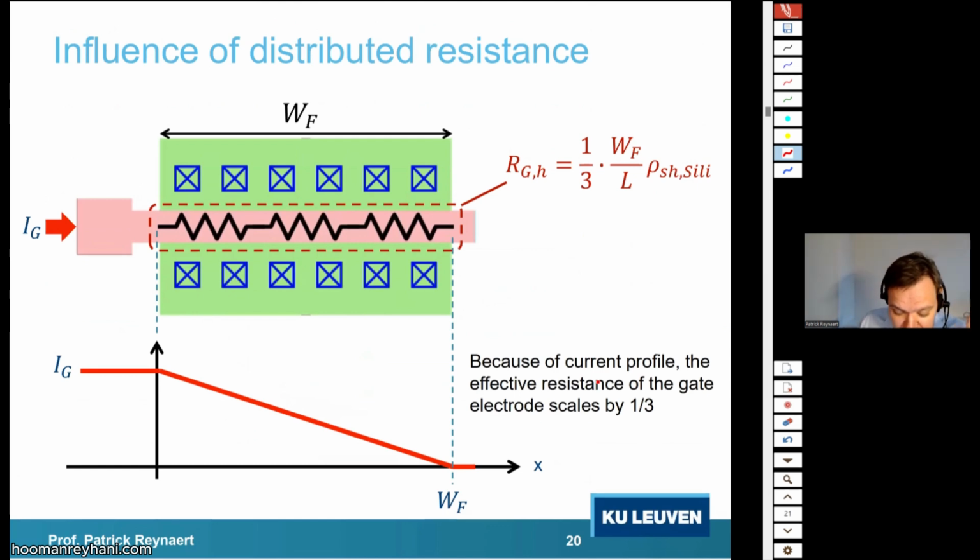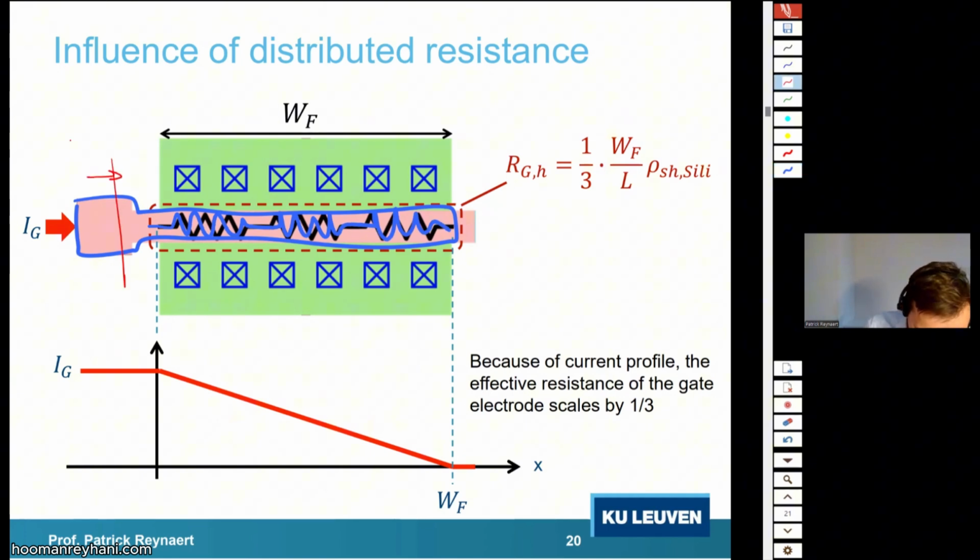It also depends on which side we connect that gate electrode. Because the gate electrode, as I've drawn it here, it's like this. And you have some physical resistance, yes, of course. But we should realize that there is a lot of current flowing. The gate current, I'm not talking about leakage current, I'm talking about signal current here. That gate current is high all the way to the left, but it's equal to 0 all the way to the right.